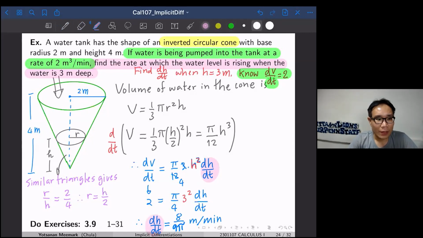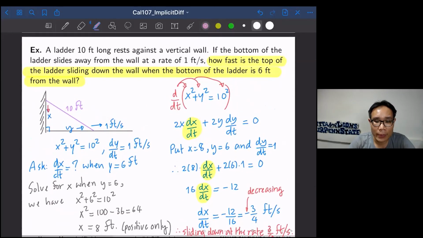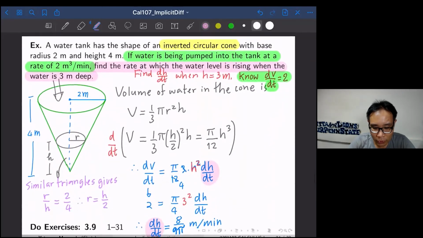Okay, so that's it for this lecture. You see that it's gonna be a word problem. However, the difficulty turned out to be reading the question, and you have to use basic geometry for volume, for surface area, for the Pythagorean theorem, and you'll be able to do this one.